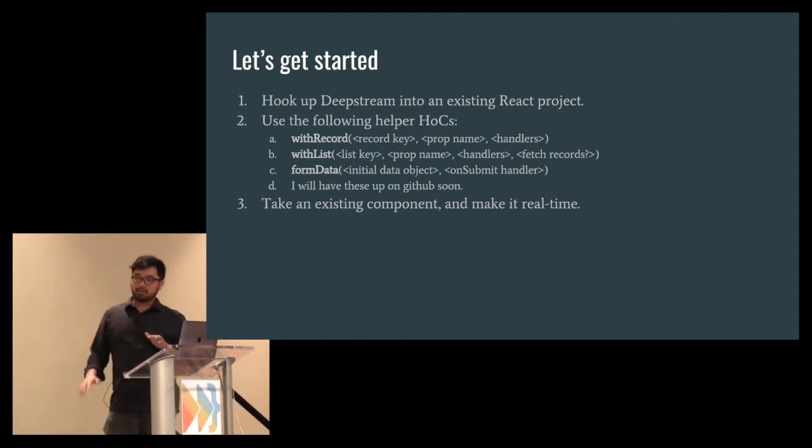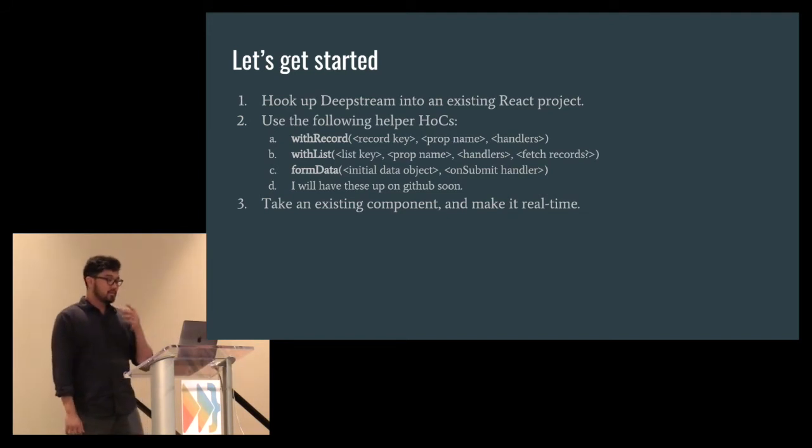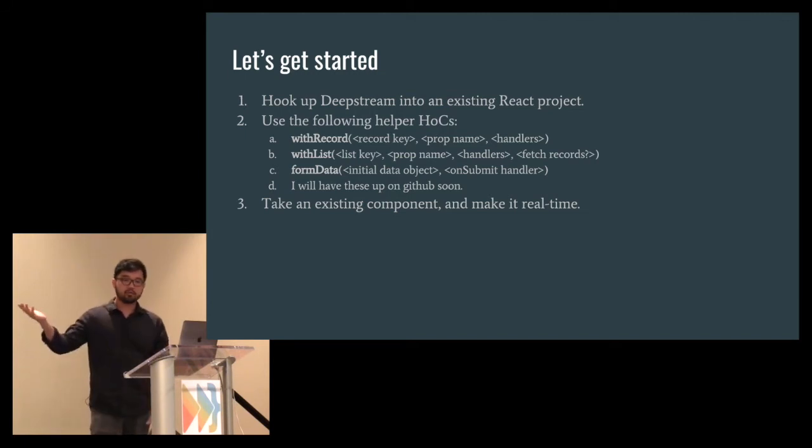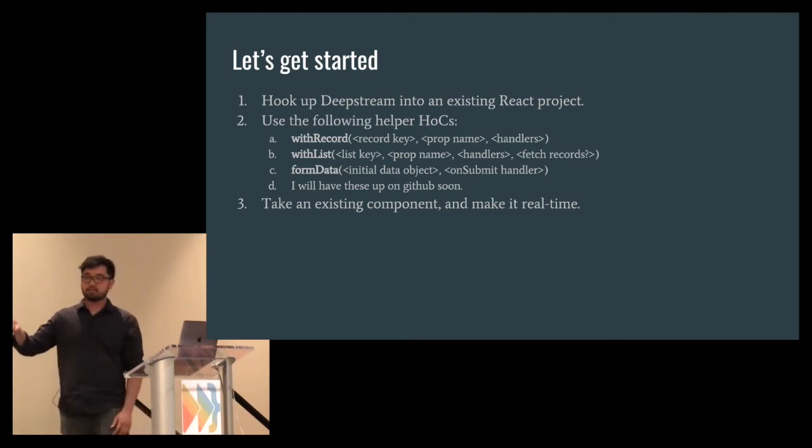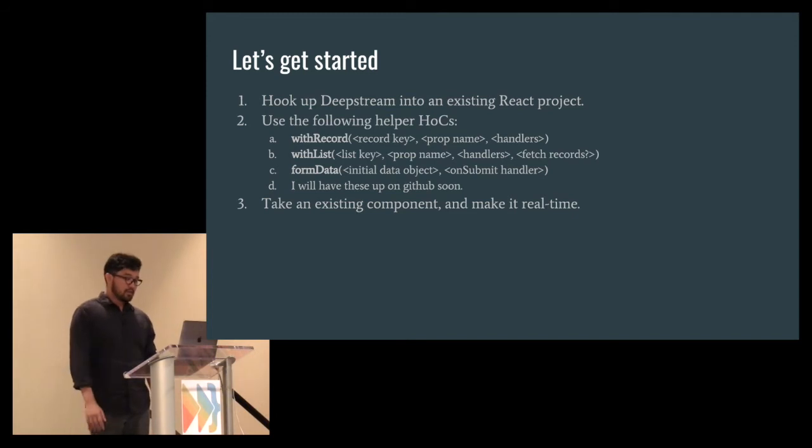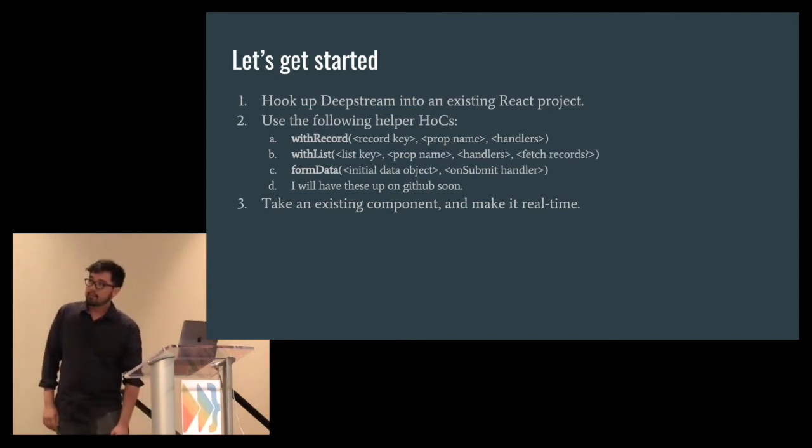I'm going to try to show you examples on my computer. Hopefully it doesn't break. We're going to set up Deepstream in an existing React project, and we're going to use these helper higher order components. I already made these before, and I'll put them on GitHub soon.